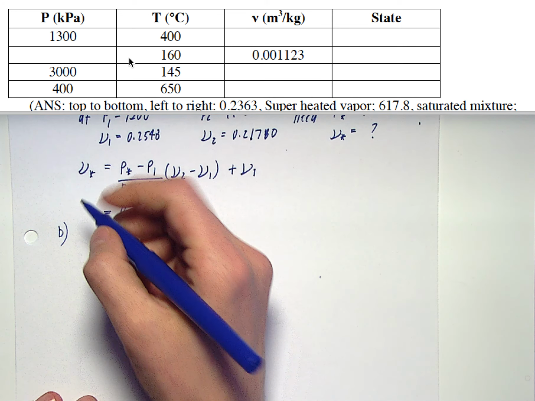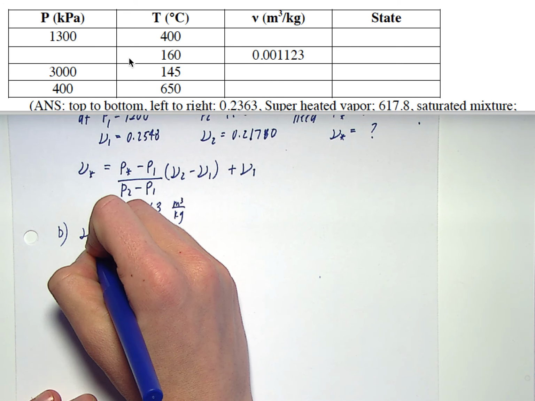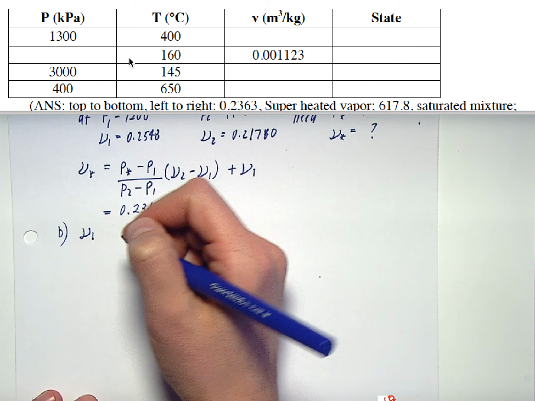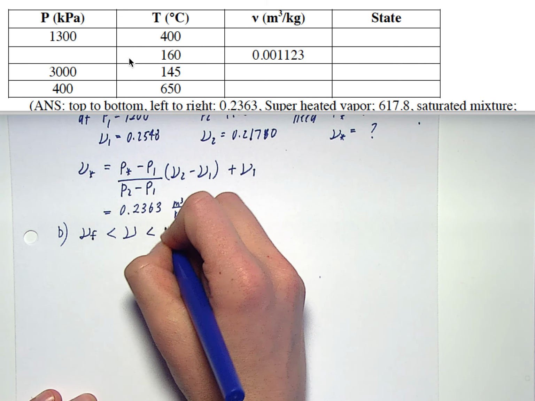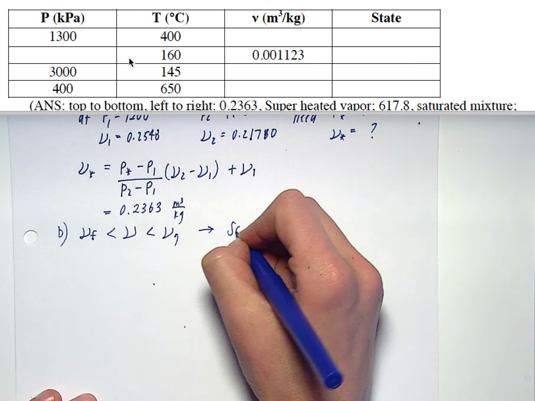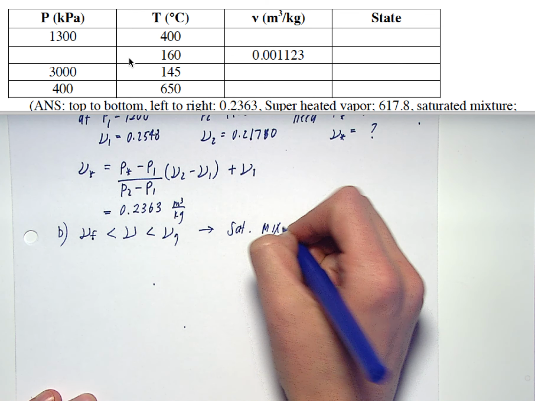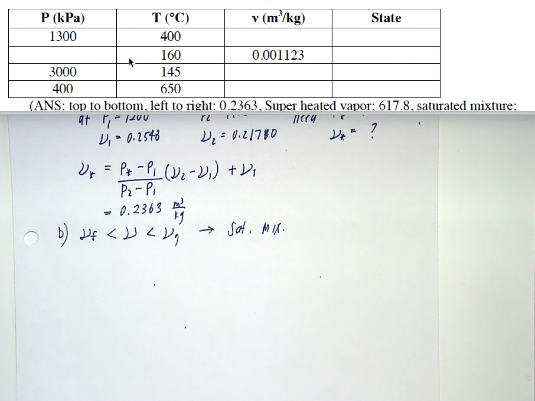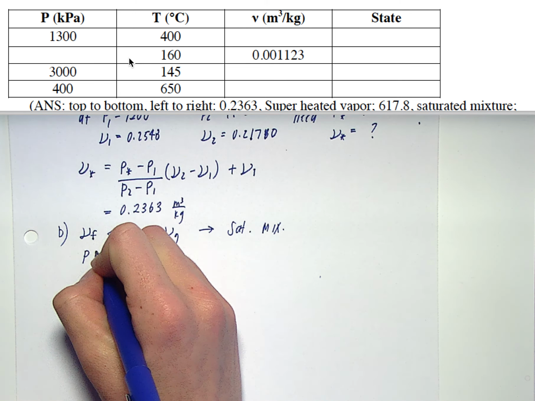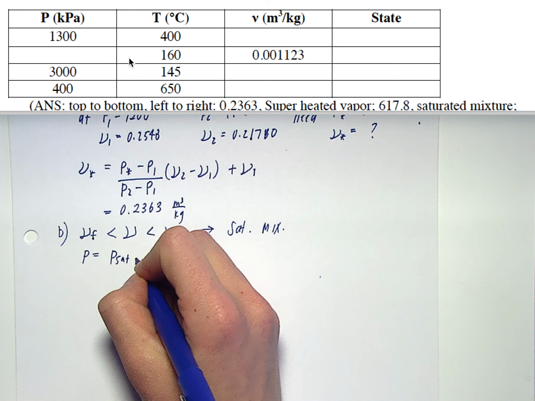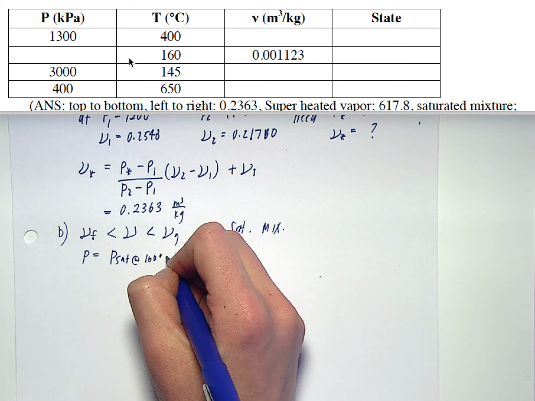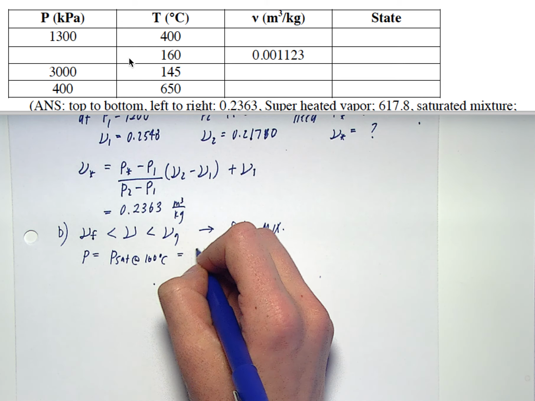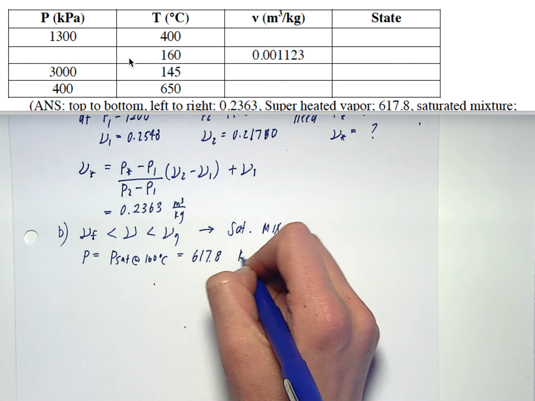So for B, nu was greater than nu F, but it was less than nu G, so it is a saturated mixture. So when it's a saturated mixture, you know that the pressure is just the saturation pressure at the temperature that you're interested in, and so you can just look at the saturation pressure in the tables, which is 617.8 kilopascals.